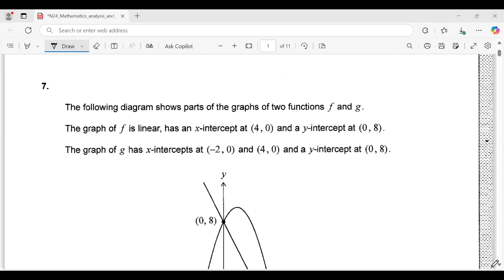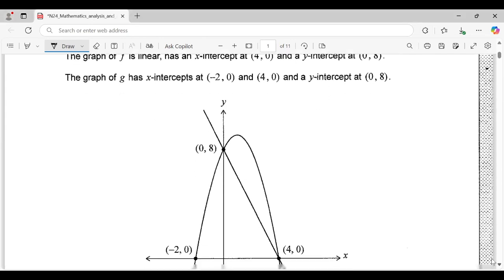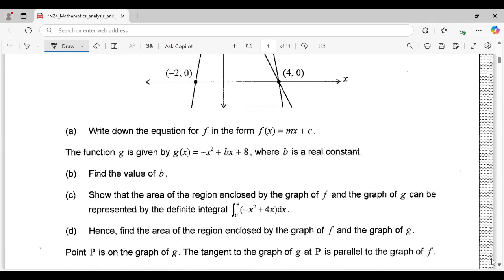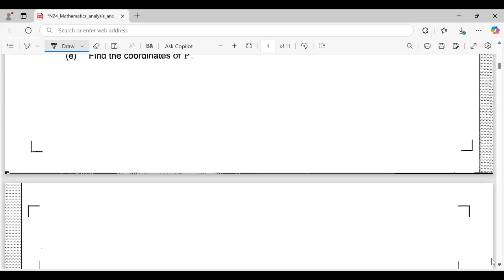If we look at this diagram, f is the straight line while g is the quadratic equation. Question A: write down the equation for f in the form fx equals mx plus c.